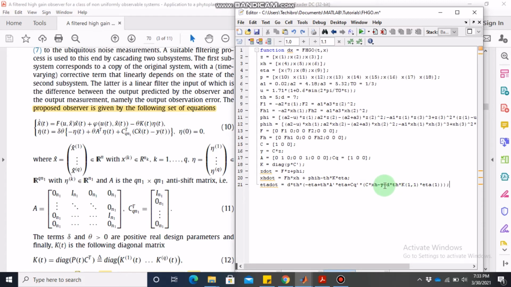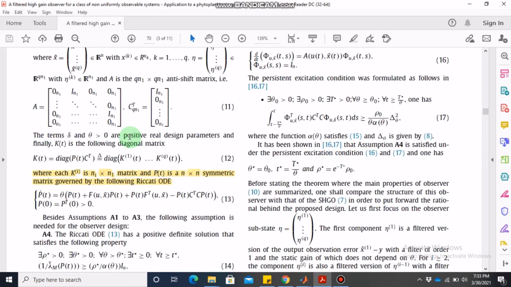And so here this is C x hat minus y, that's it. But this is some additional term which is proposed in equation 20 of this paper.